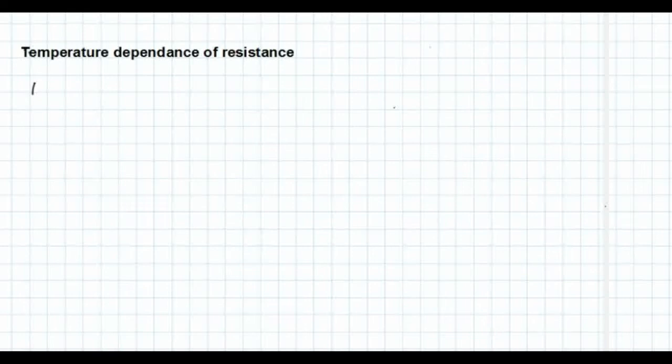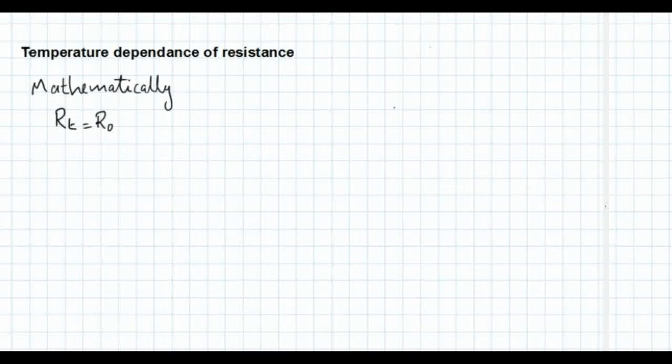Now, temperature dependence of resistance. We have already seen that only when the temperature is constant does Ohm's law hold good. When the temperature changes, the resistance also changes.